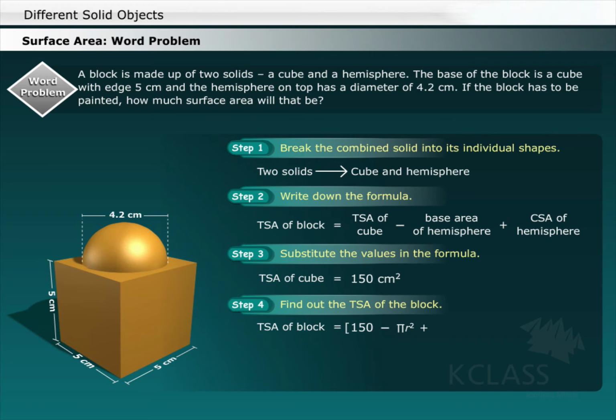Remember, the circular base of the hemisphere stuck to the cube is not to be included in the surface area of the cube. The total surface area of the block to be painted is 163.86 centimeters square.